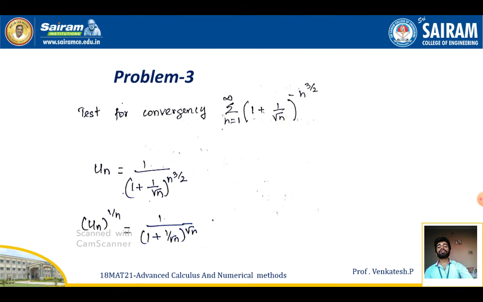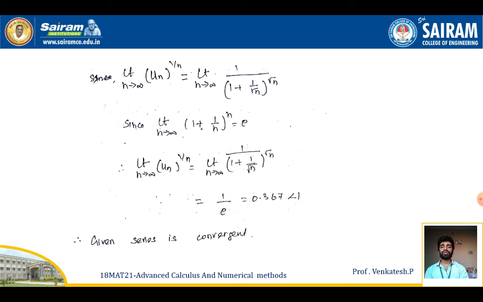Now I can apply the limit n tends to infinity on both sides of the equation to satisfy the Cauchy's root test. So limit n tends to infinity un power 1 by n equals limit n tends to infinity 1 by (1 + 1/root n) whole power root n.